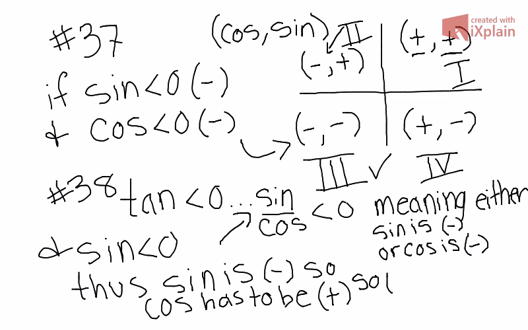Okay. So if sine is negative and cosine is positive, what quadrant is that? Well, that's the fourth, right? Cosine positive, sine negative, boom. And don't forget, remember, cosine, sine up there at the top. All right, good deal.